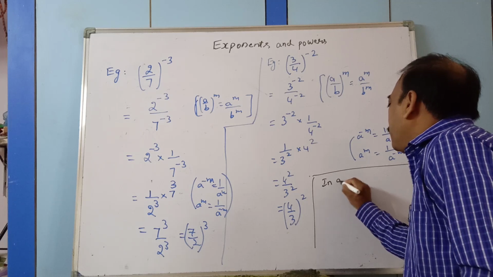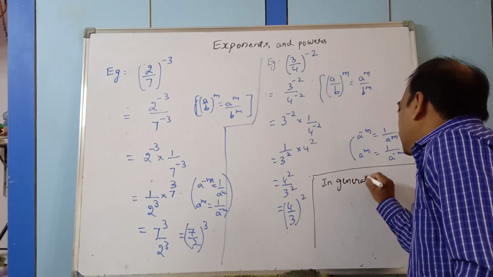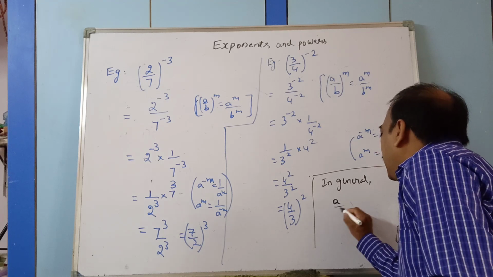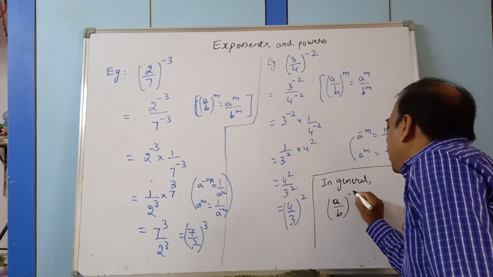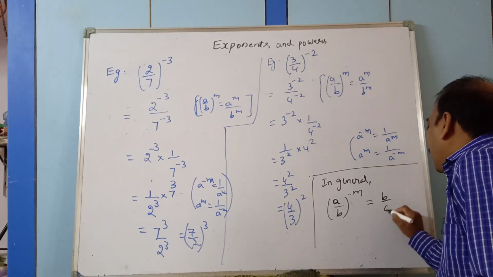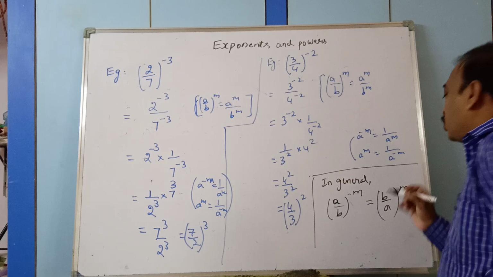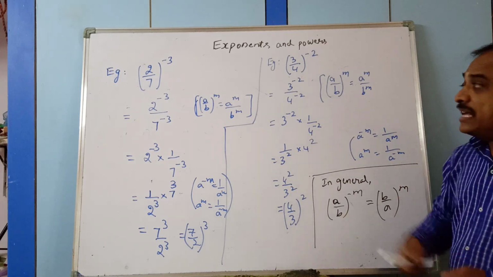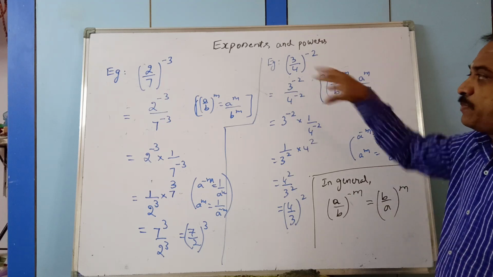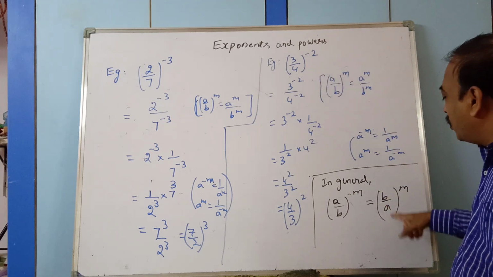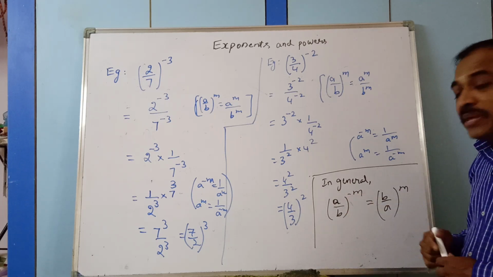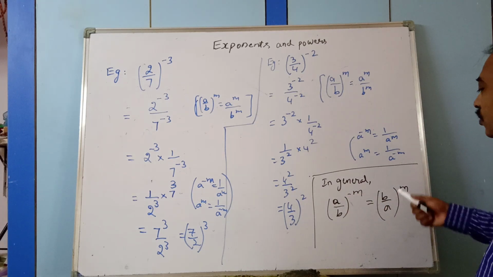So in general, this is the final conclusion we can give for this example. Observe it: a by b whole to the power minus m is equal to b by a whole to the power m. So directly, whenever you solve such types of questions where numbers are involved in exponential form, you can use this. a by b whole to the power minus m is equal to b by a whole to the power m.